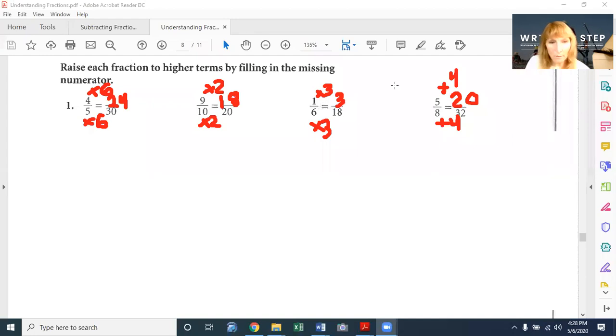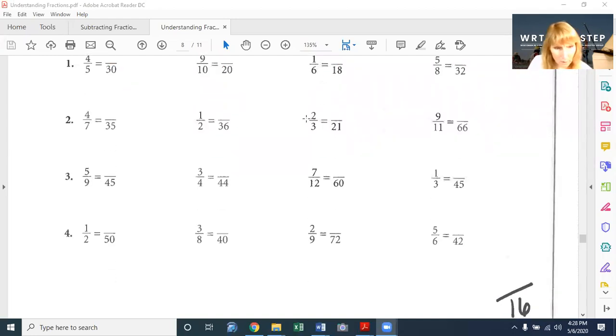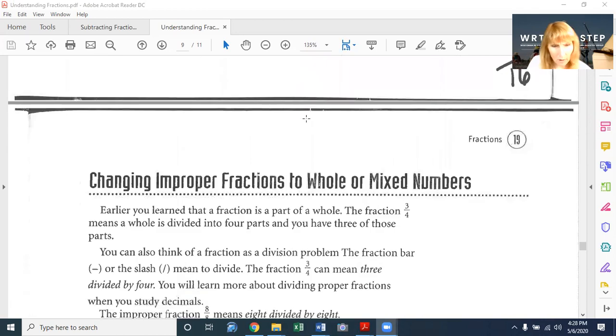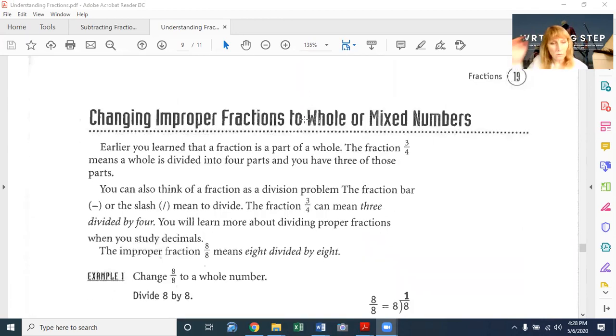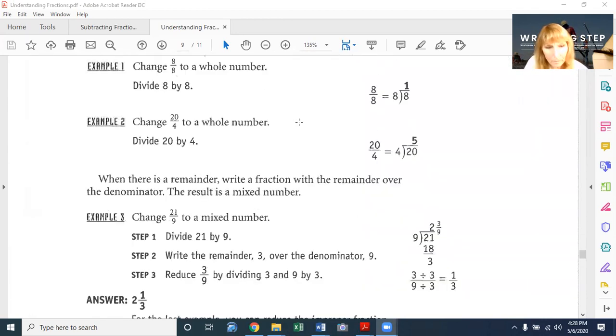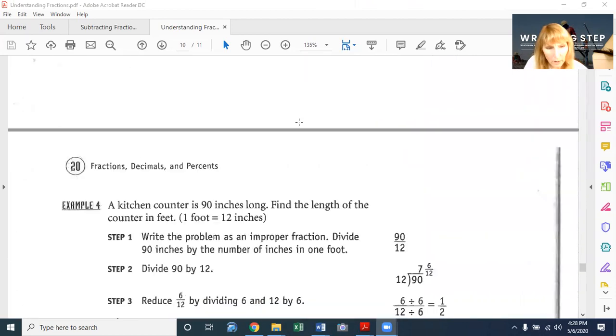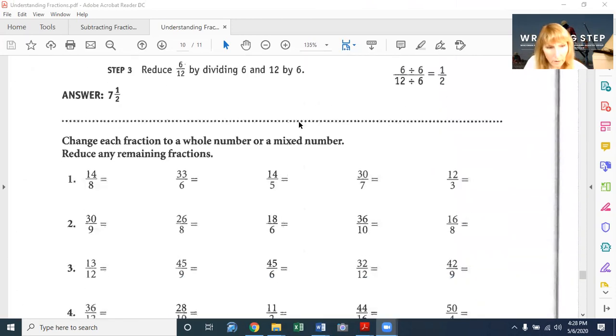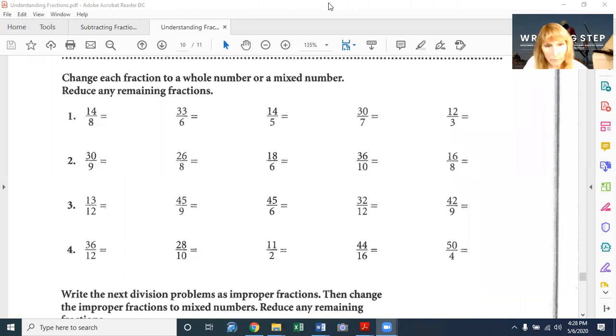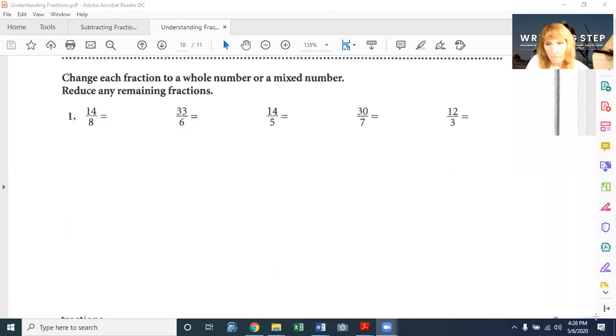Okay, clear those. And let's look at changing improper fractions to whole or mixed numbers. So I'm going to go past all of this. And I want to draw a little bit of a picture for you guys. Let's clear all this out of the way for the moment.